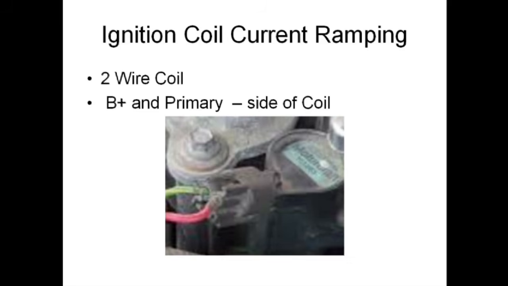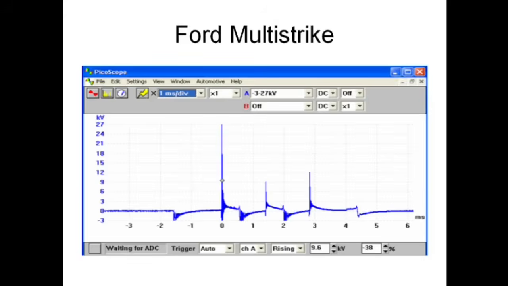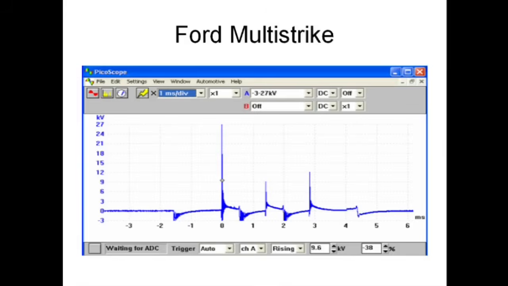I have a unique ignition system that I'd like to share with you. On many Fords that even go back to the distributorless ignition system, EDIS, and a lot of coil-on-plug systems, you may run into this. What I have on the slide is a secondary waveform of an individual cylinder.